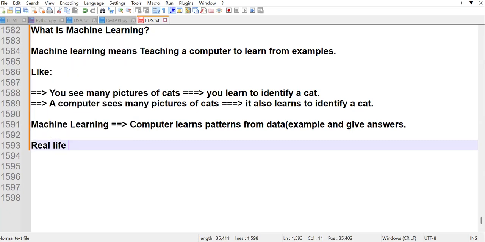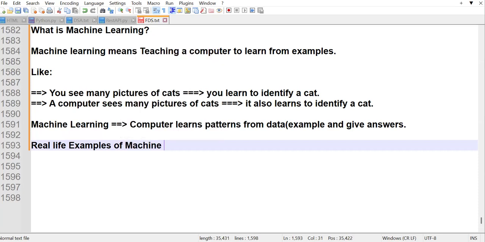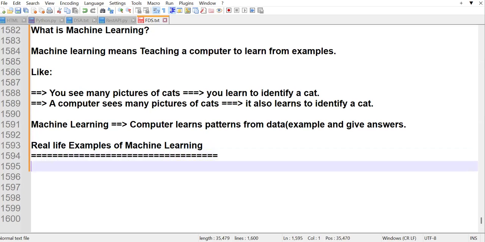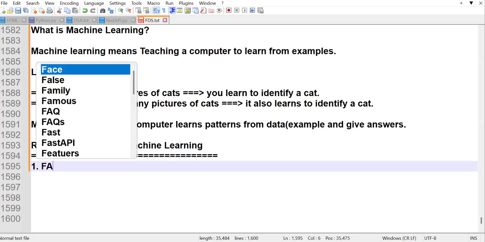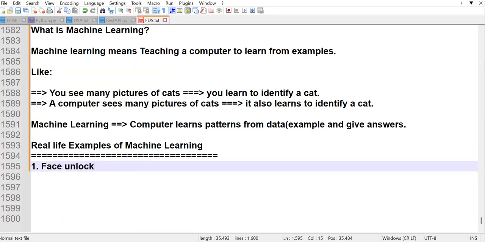Real life examples of machine learning. So what are the real-time examples of machine learning? We can say it is used in your face lock, face unlock.